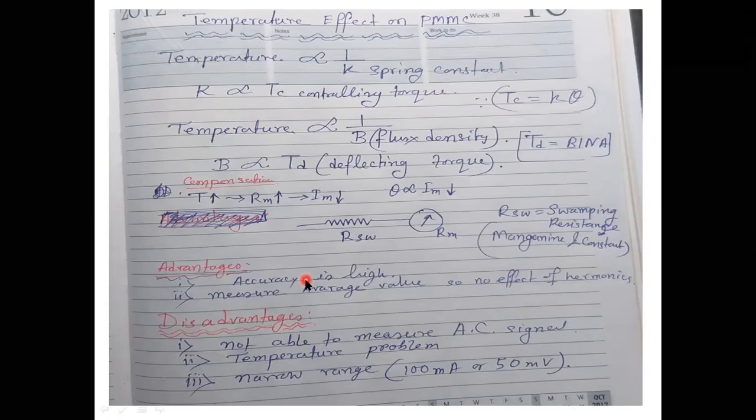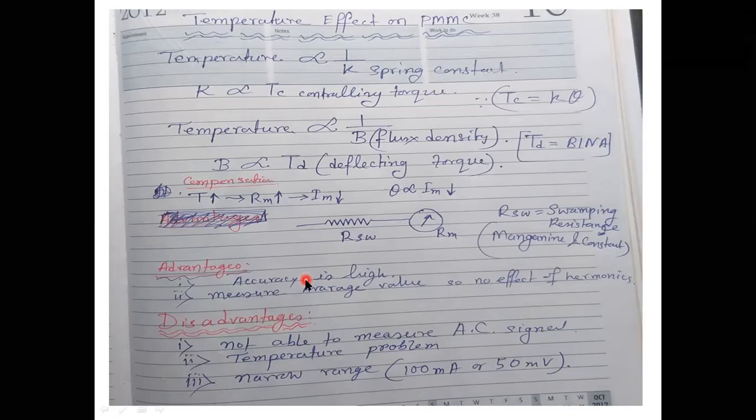A moving iron type instrument costs hardly 50 rupees, whereas the same range DC PMMC meter costs 500 rupees. And by using the MI type instrument, you can measure DC as well as AC. So the MI type instrument is much cheaper and it is wanted.